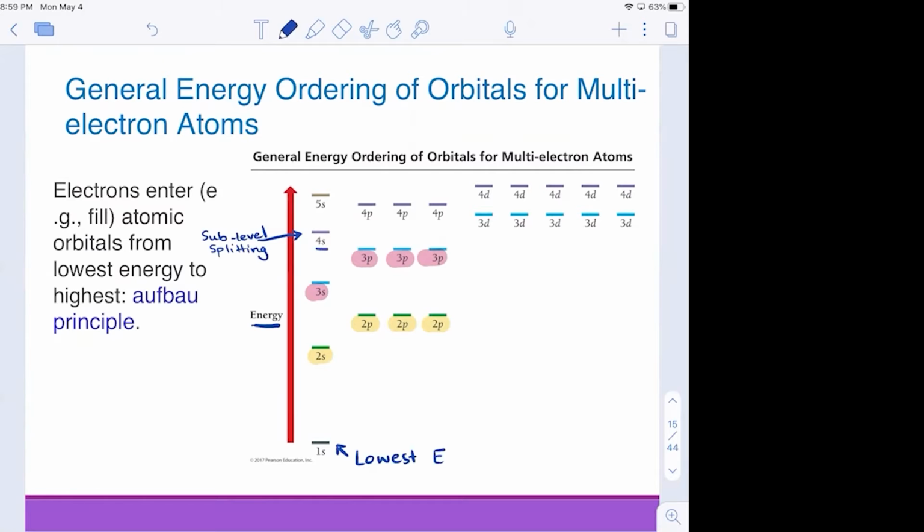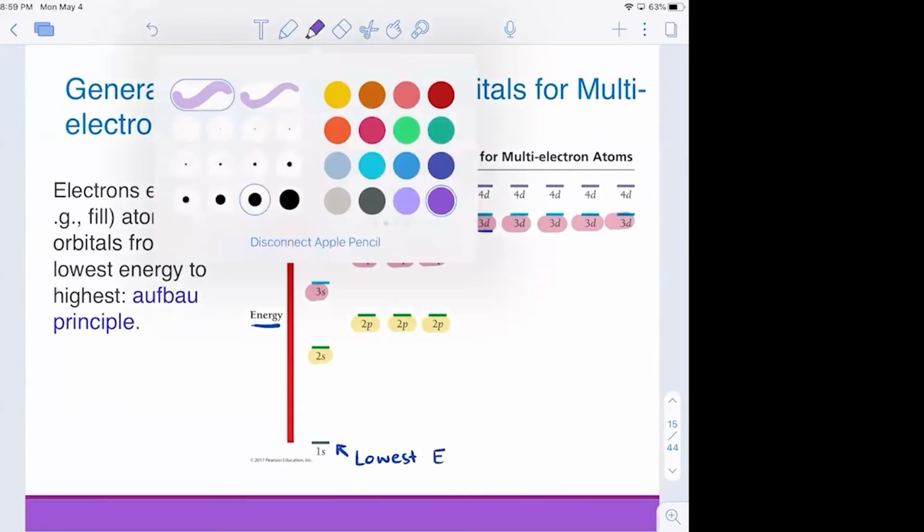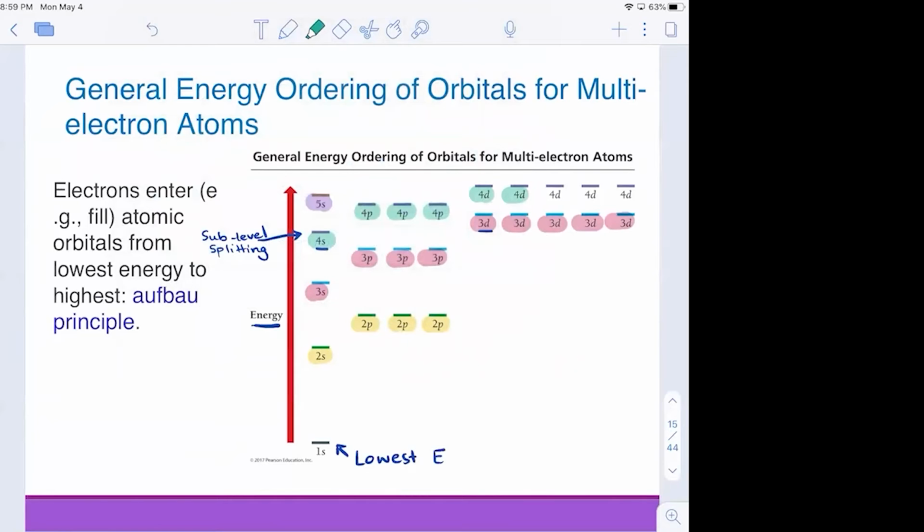The 4 is technically higher than 3, but the s orbital is technically lower than the d's. So what we'll see is that the 3d's are higher in energy than the 4s's. Then come the 4p's, and again, more sublevel splitting, the 5s, and then the 4d's.